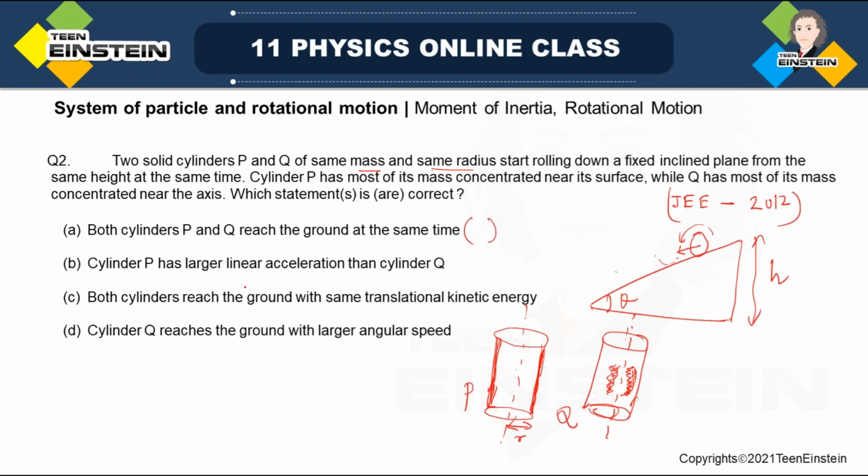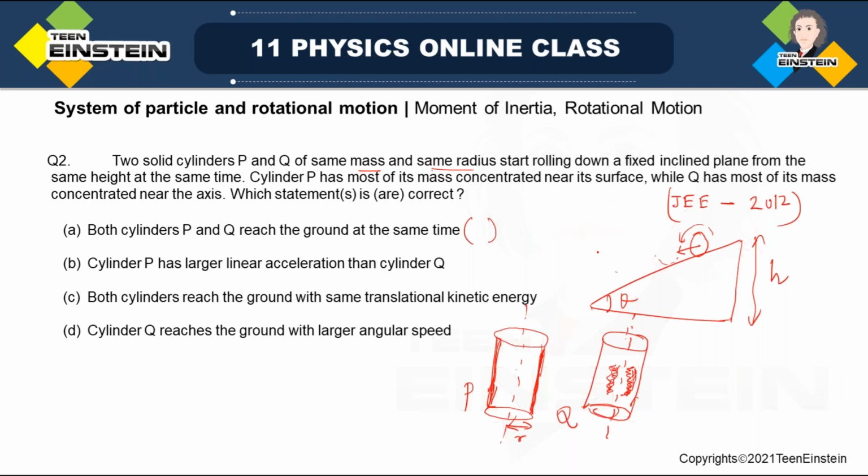P has larger linear acceleration than Q. See, when a cylinder or any object rolls down, it has both rotational and translational kinetic energy.